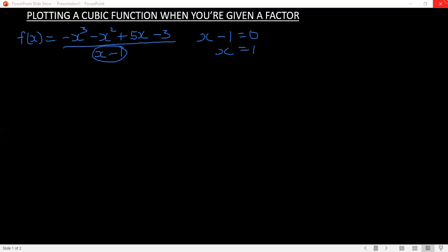Then your first step, you must take step number 1. Let me write step number 1. Step 1, you take the coefficients of x on the given function. So that is your step number 1.